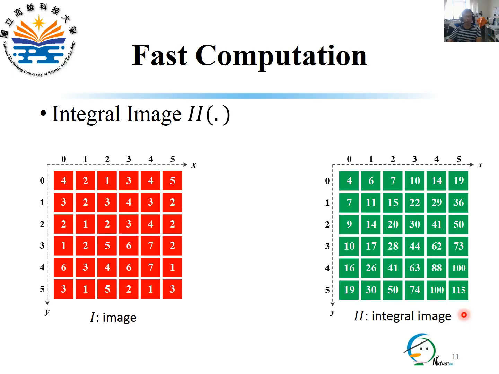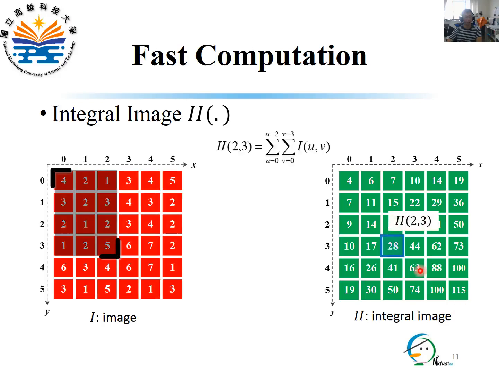This picture shows the integral image II resulting from the original image I. For example, II(2, 3) in the integral image is equal to the sum of all points in this rectangle with dark mask, whose left-top point is (0, 0) and right-bottom point is (2, 3).